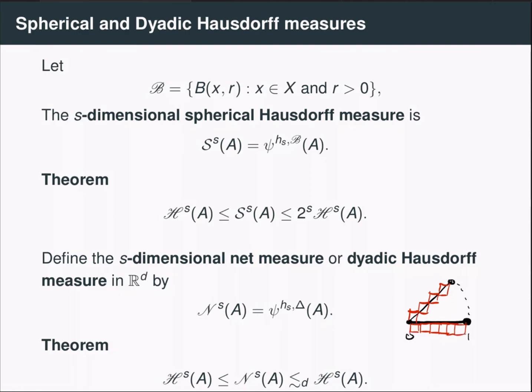Okay, so the rotated segment is actually going to have smaller dyadic Hausdorff measure than the line segment that makes an angle of 0 with the x-axis.